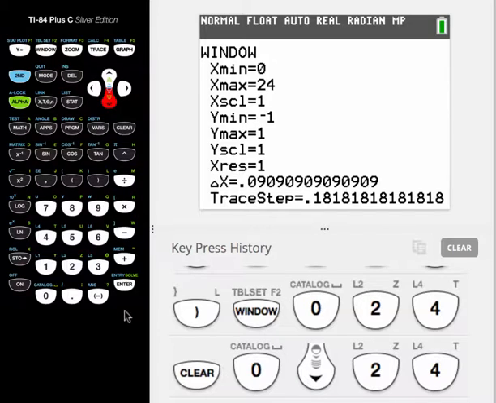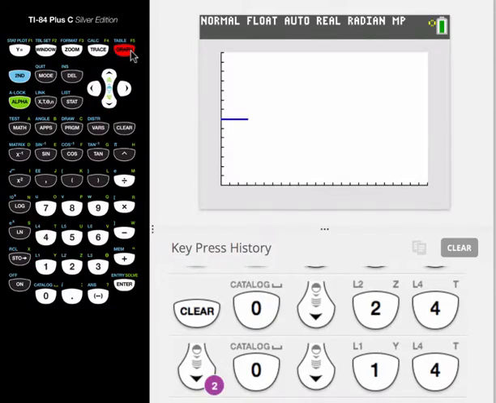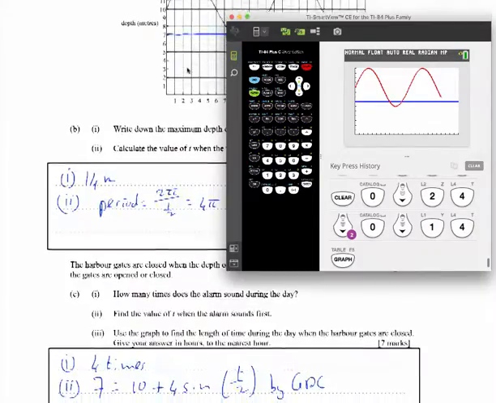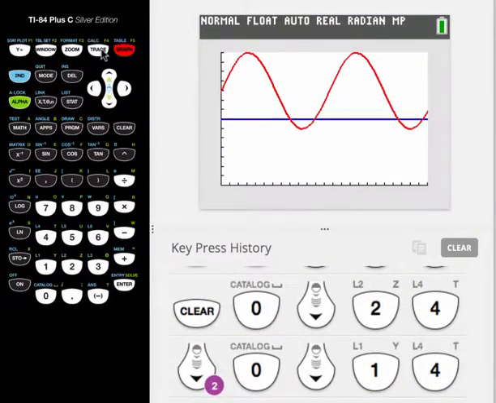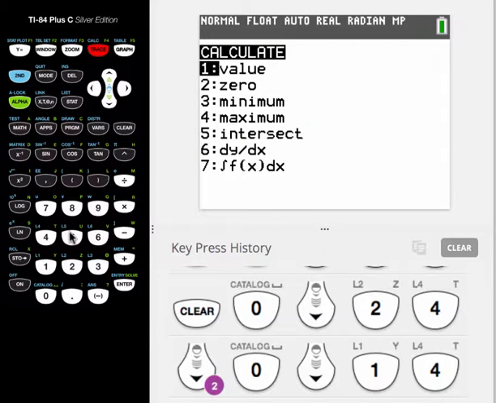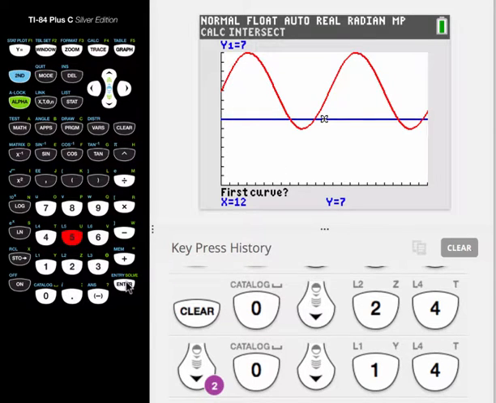I know it was 14, right? So let's just capture the whole thing, see if I actually get the graph. Do I get the graph? Yes. Good. So I need to find that point, second calc, intersection, yes curve, and then the first time that happens is around about there.